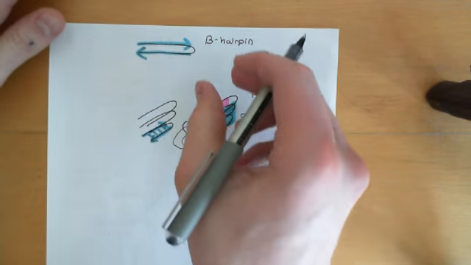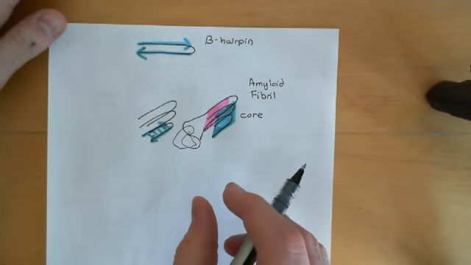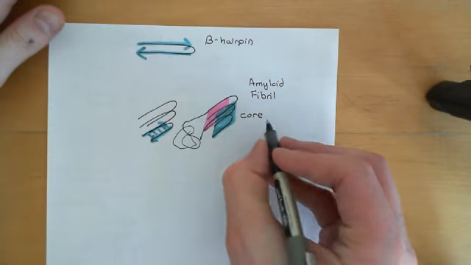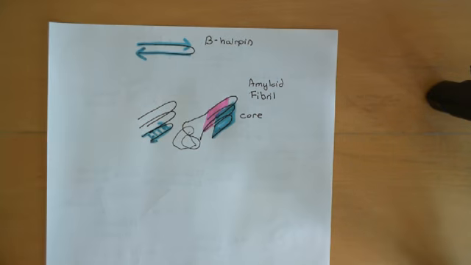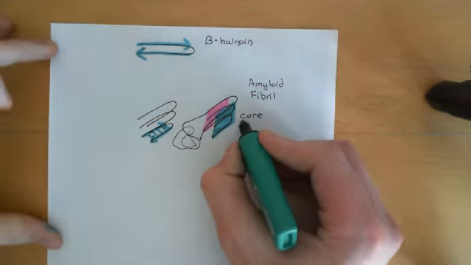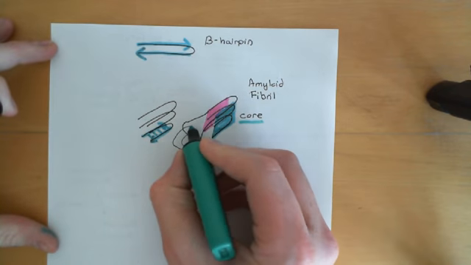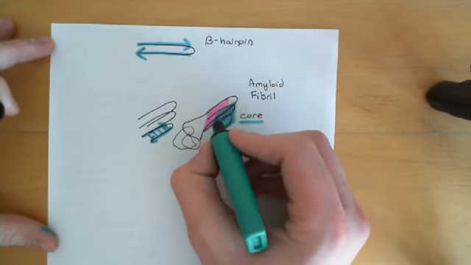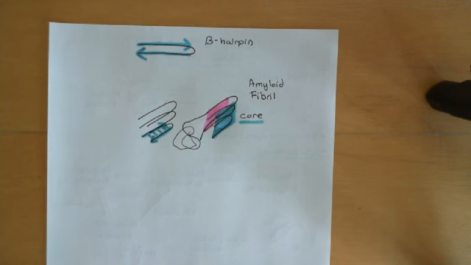So amyloid fibrils aren't just the stack of the beta hairpin. That's the core of the amyloid fibril, as it's called. That's what's holding the entire thing together. But off the side of it, you've got the rest of each of these proteins sticking off the side. And that's a great big mess, basically.